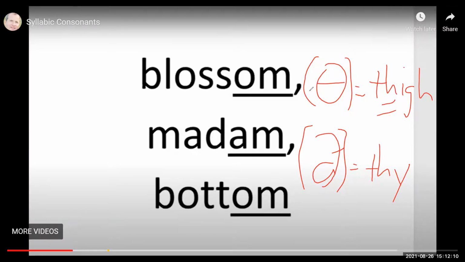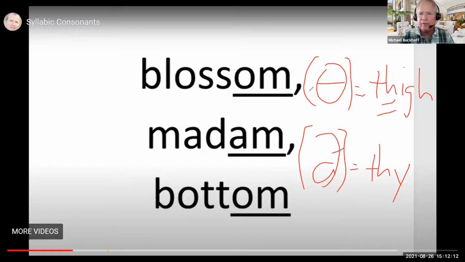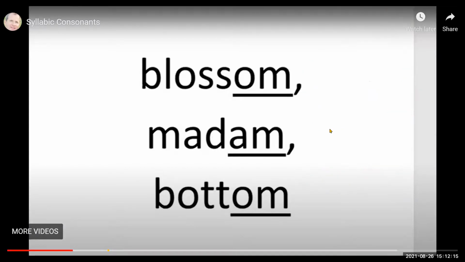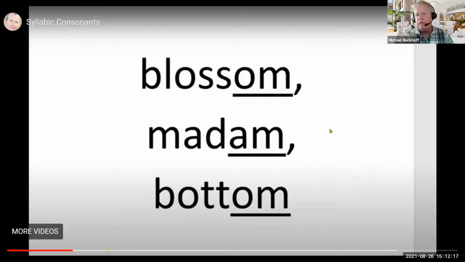Okay, thank you. You're welcome. But the key is because of that one difference, if I say "bath" or "bathe," "teeth" or "teethe," I'm actually changing those words from nouns to verbs when I change the sound at the end of those words. That one sound makes all that difference.